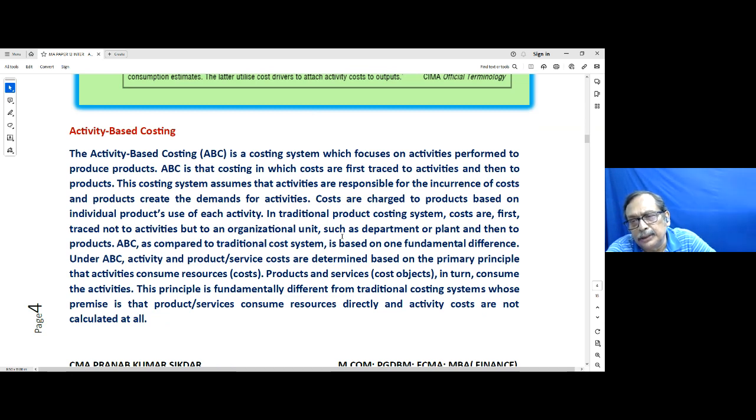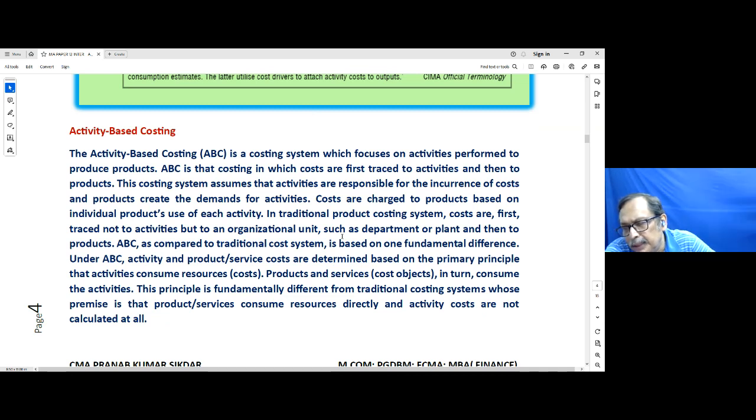In traditional product costing, costs are first traced not to activities but to an organizational unit, such as a department or plant. Now, in absorption costing, definitely in your cost management accounting paper, you know that there are various production and service departments in an organization. First, we make the primary distribution, apportioning the common cost, that is overheads, to various production and service departments according to a suitable basis.